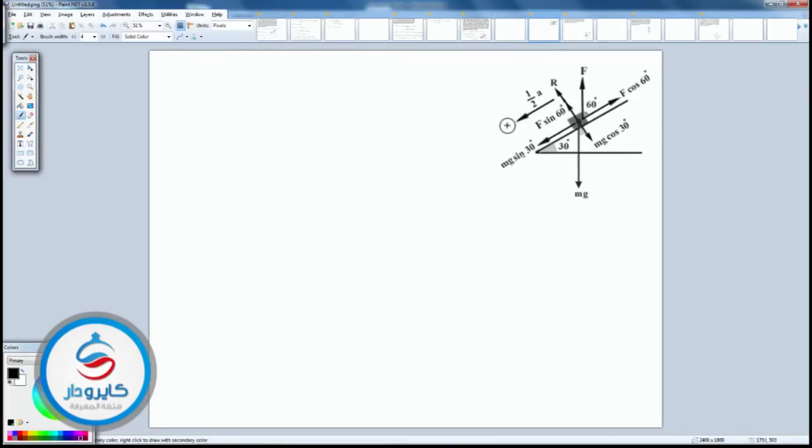From the second figure, look at this second figure.